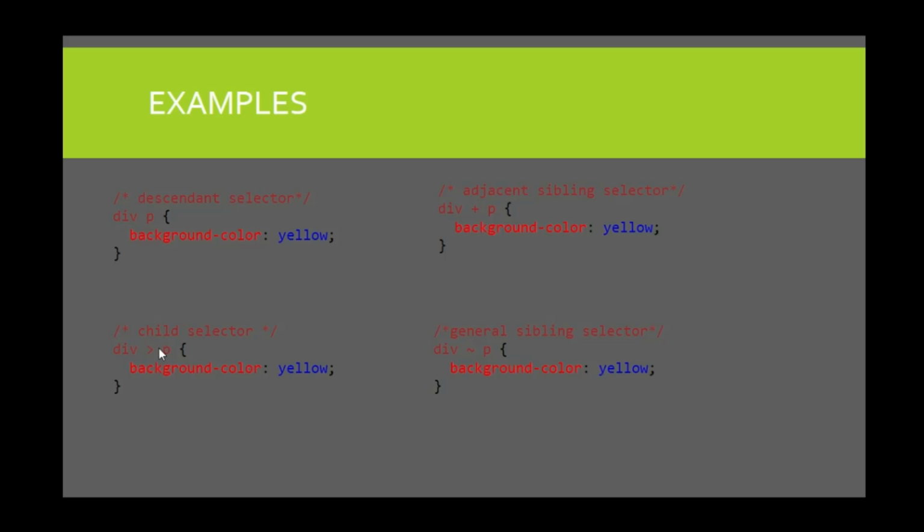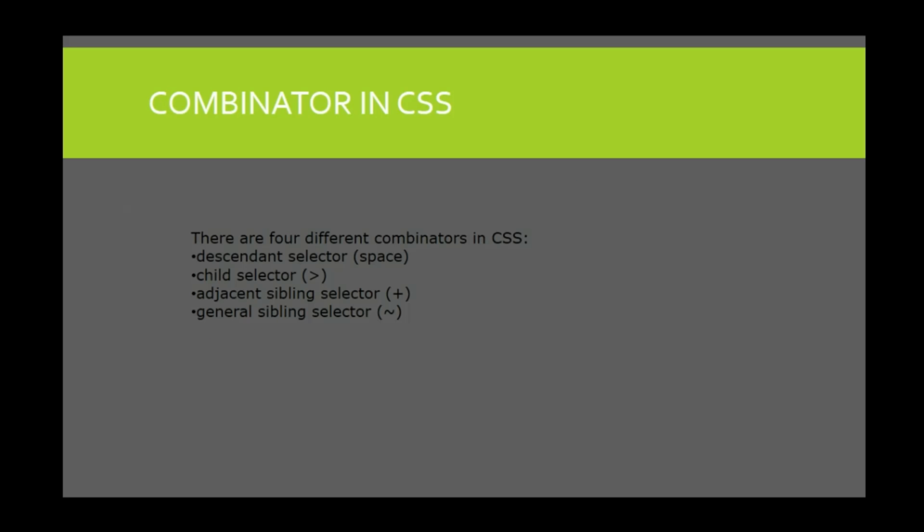For the child selector, we can write div greater than p, and for the general sibling selector, div tilde p, using this symbol. So this is how we can write CSS using combinators.